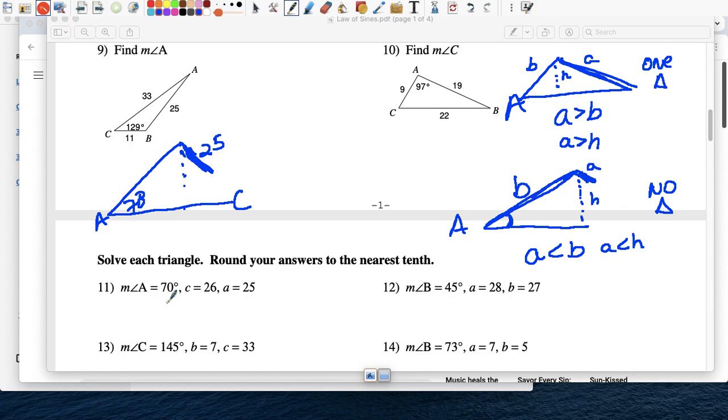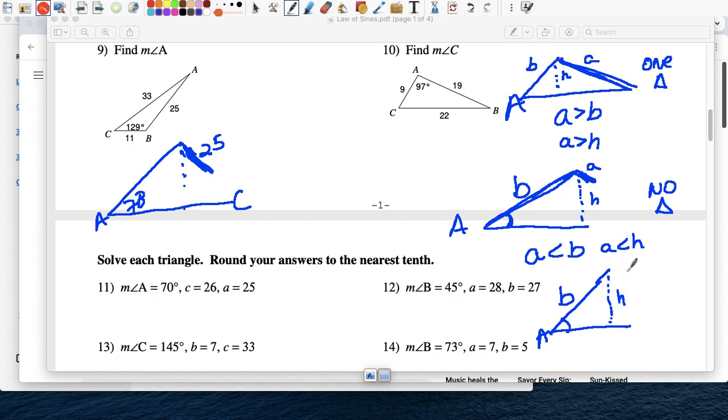So there's that condition. And there is the other condition where you can actually make two triangles. That one is where you know this angle, you know this side, and you have a height that you know.